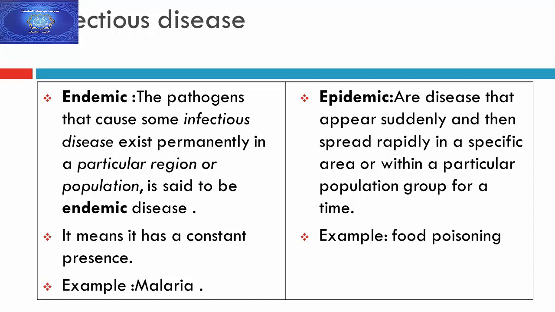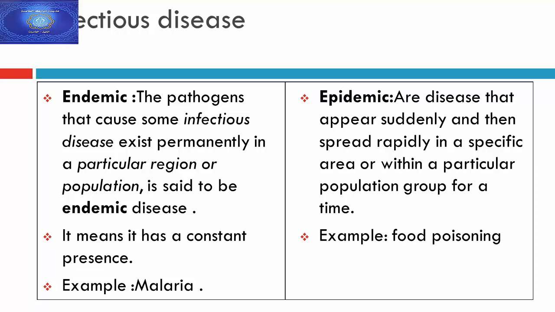But at the same time there is another terminology, epidemic. Epidemic means a disease that appears suddenly and then spreads rapidly in a specific area or in a particular population. In this scenario you can think of COVID: before, it was declared only an epidemic because we thought it was only in China, but after China it was transmitted globally. So the change from epidemic status to another status is declared by WHO. What is WHO?